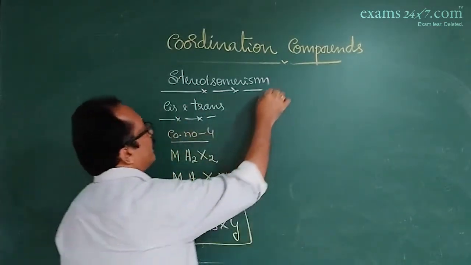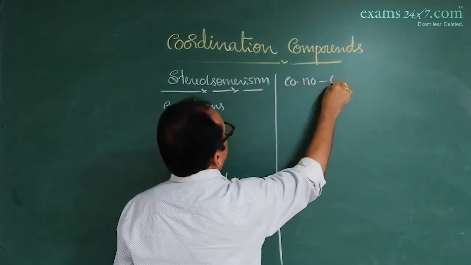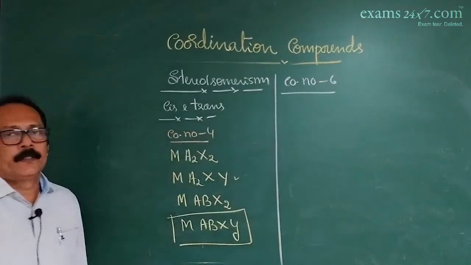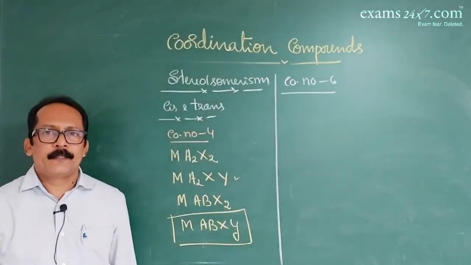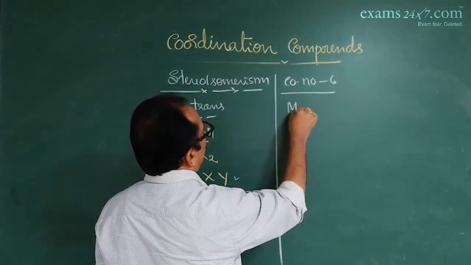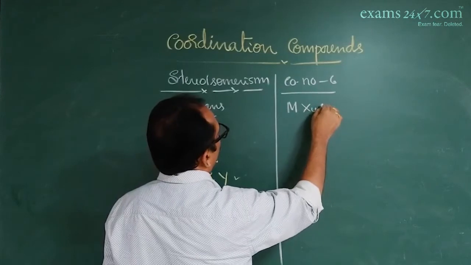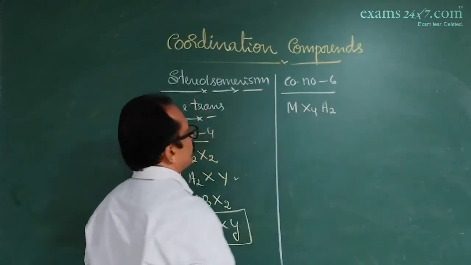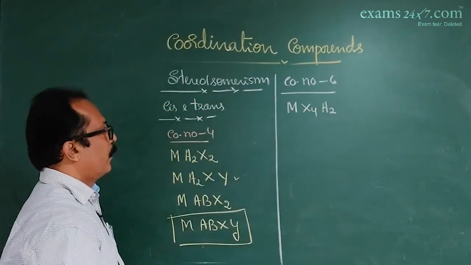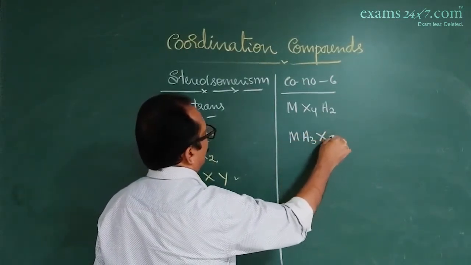When the complex compound exhibits coordination number 6, it also exhibits cis and trans isomerism. Some of the formulas are MX4A2, or we can write one more, MA3X3.